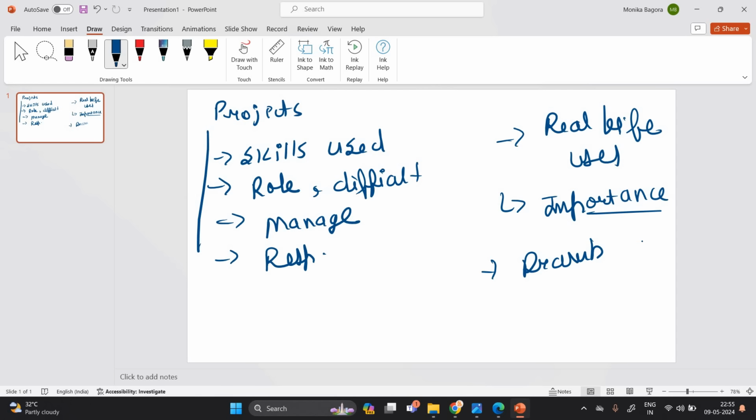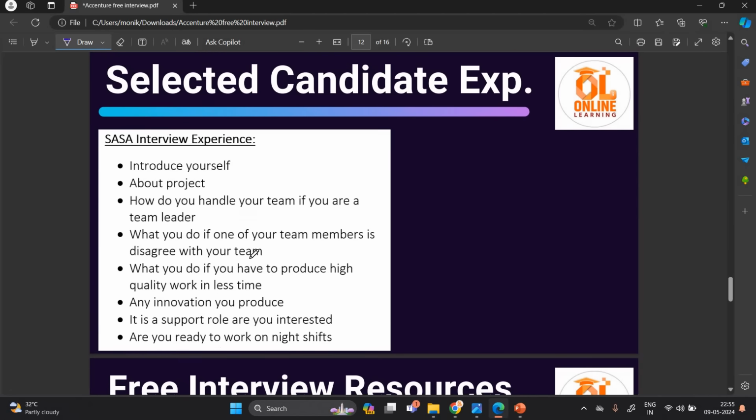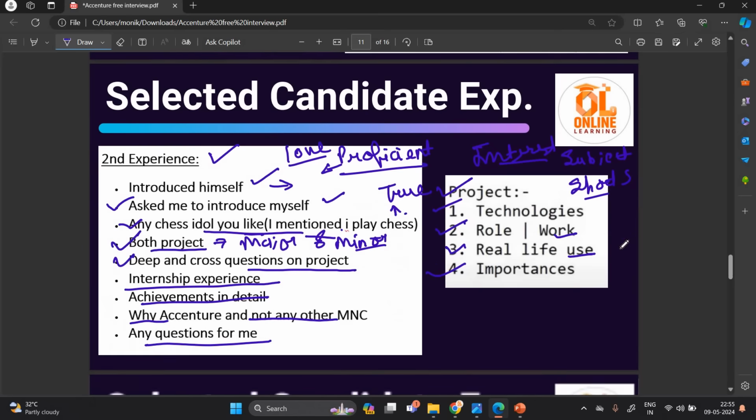They will also ask this type of things, because after joining Accenture you have to work on real life projects. So this is one of the most important points at the time of project. This is the selected candidate experience for the package app development associate role, guys.